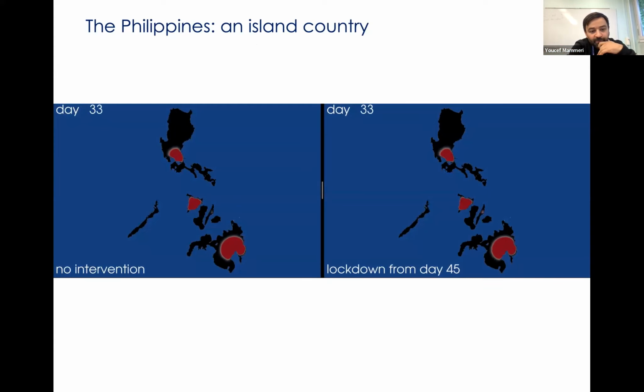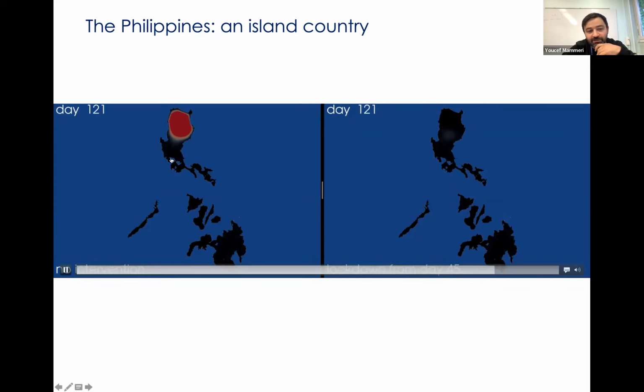First it propagates in the south, and then it goes back to the north. The capital, Manila, is here. It's the main city, so that's why it starts in Manila, then it spreads to the south island, invades the south, and then goes back to the north.